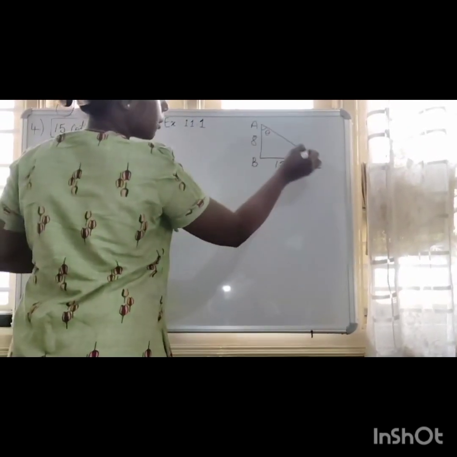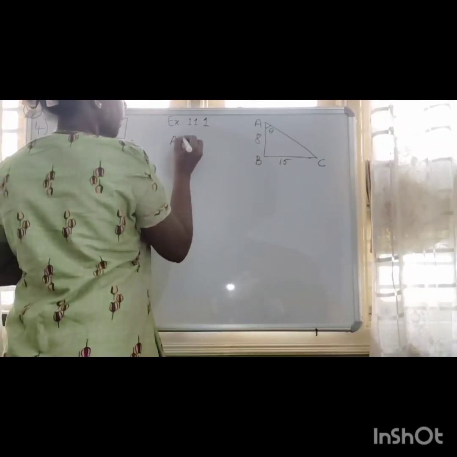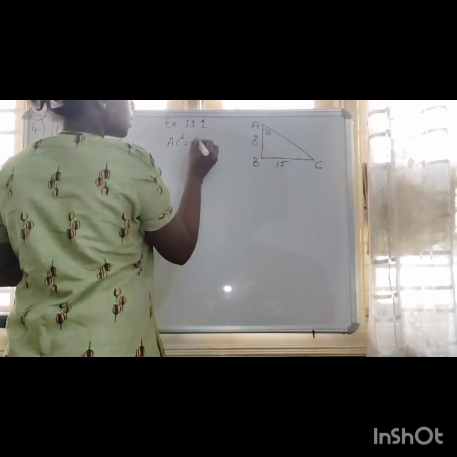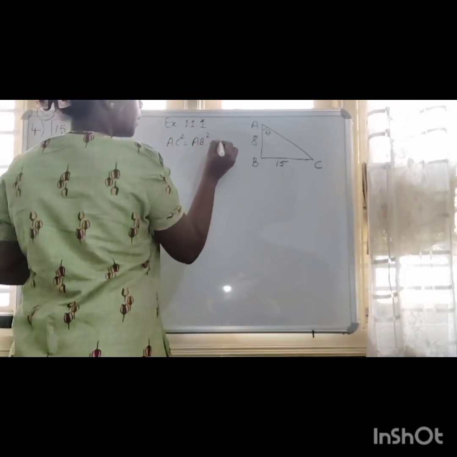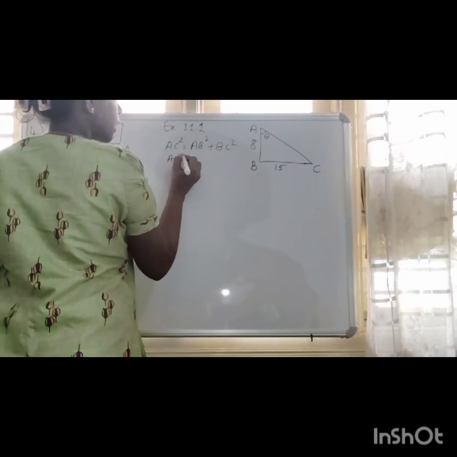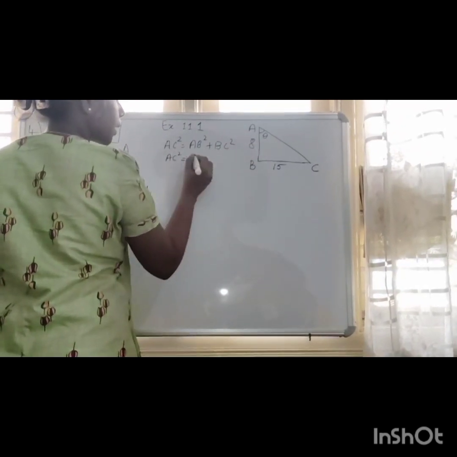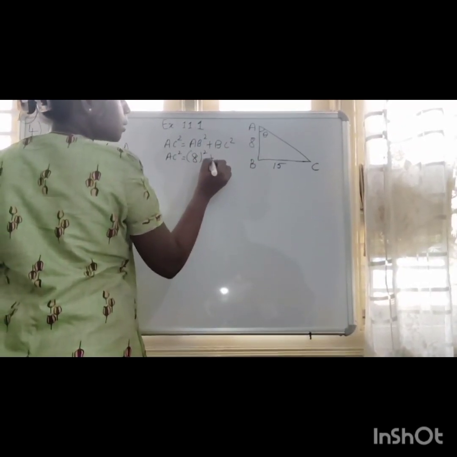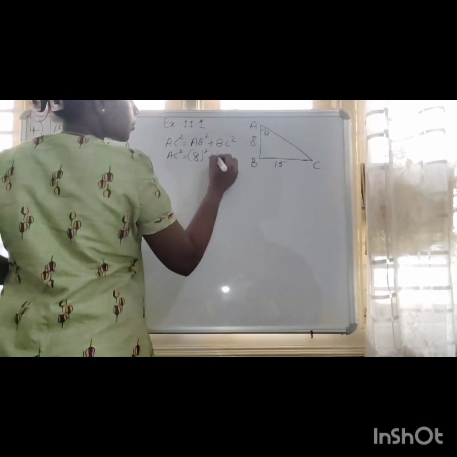Now we are supposed to find out AC value. For that we'll be using Pythagoras formula. AC square is equal to AB square plus BC square. AC square, AC value we don't know. AB square is 8 square plus BC is 15 square.